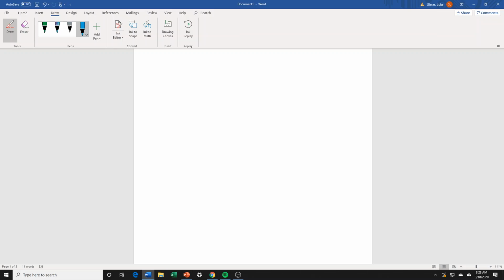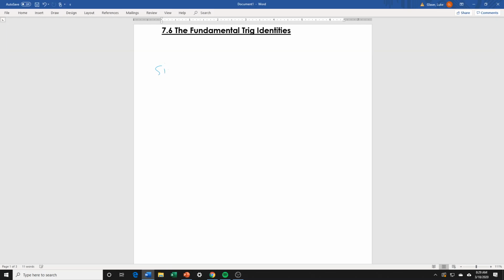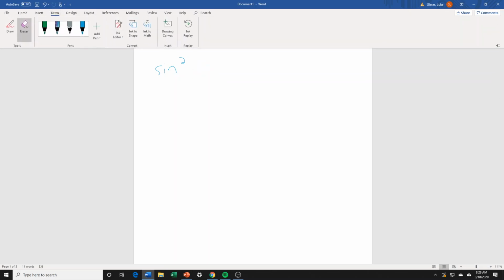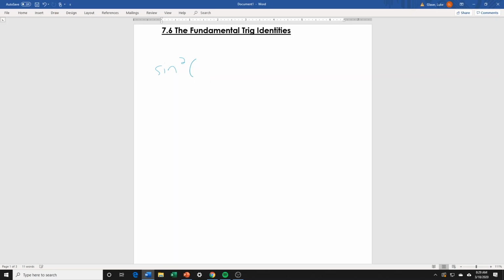So I'm going to begin with some stuff that we have to understand before we get into today. And as usual, math is not necessarily working with numbers, but it's learning the language. So you're going to see a lot of something like this today. Sine squared of theta, and cosine squared of theta.